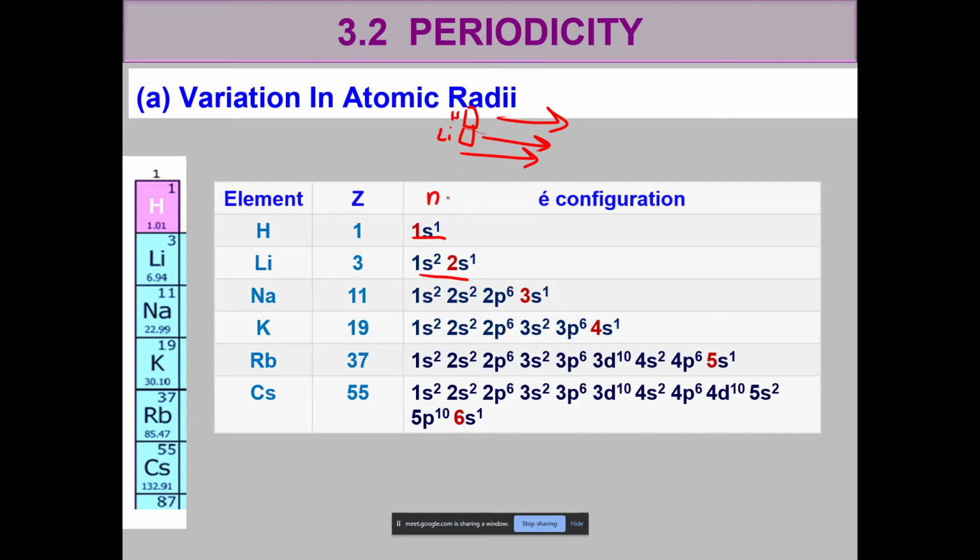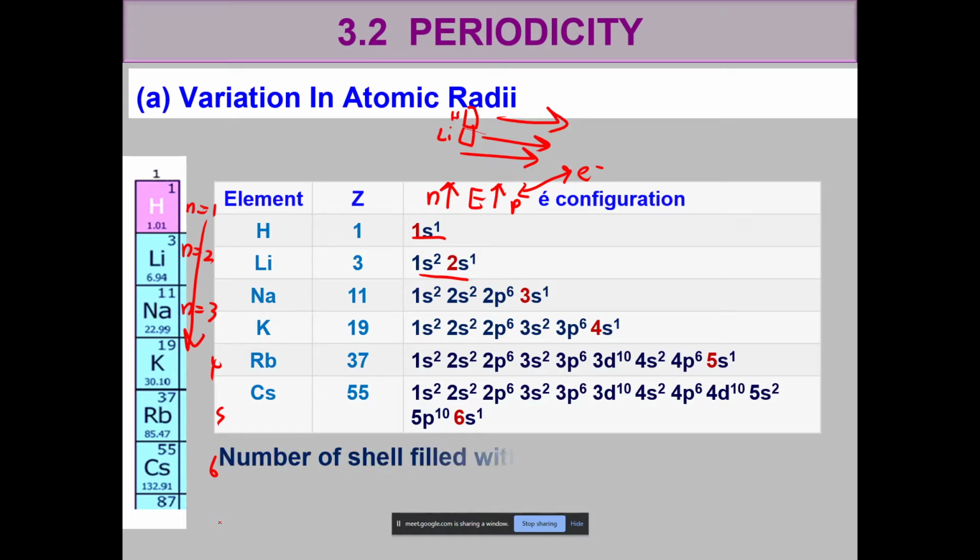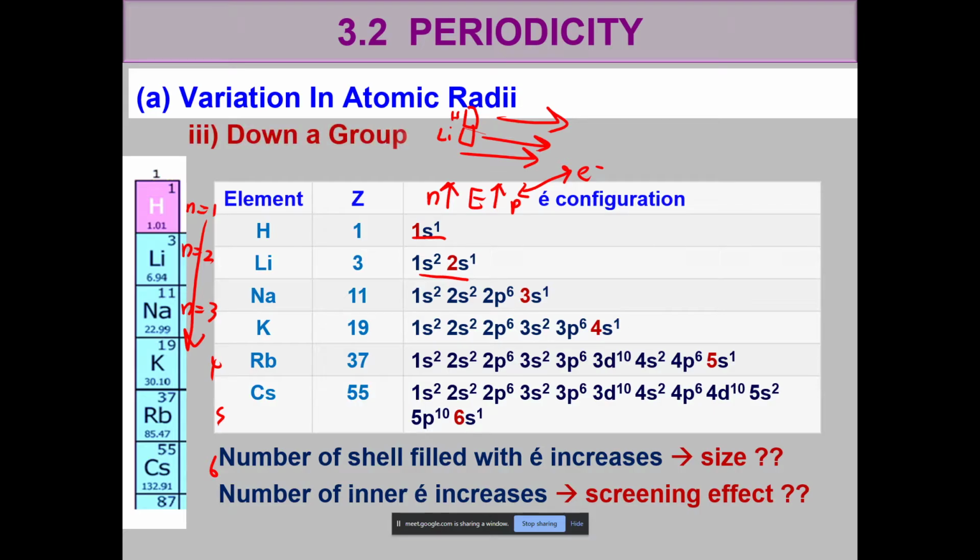And okay, lagi tinggi and lagi banyak energi yang elektron tu ada untuk duduk jauh daripada proton dengan elektron. Okay, so going down the group, okay, we actually have n equal to 1, n equal to 2, n equal to 3, 4, 5, 6, so on and so forth. So that's why it makes sense that going down the group, the size increase.